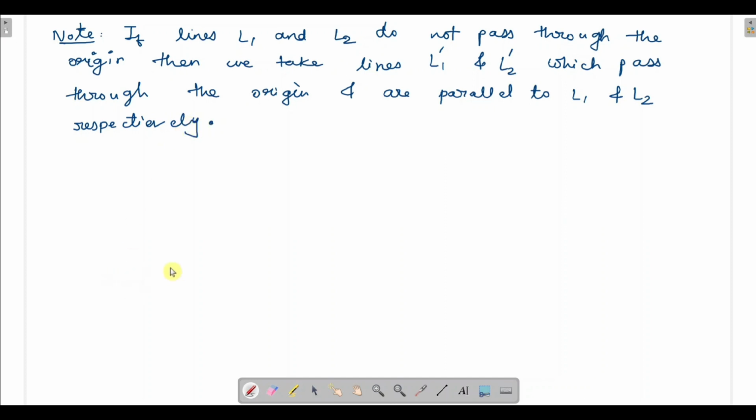Now let us go to the next subtopic, or let us go to the next formulae. So we are looking at the formulae of angle between two lines if the direction cosines of the lines are given.